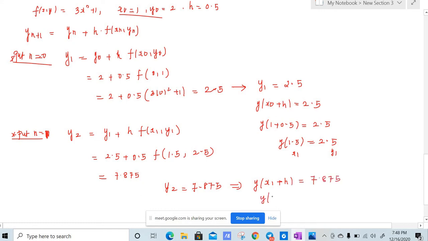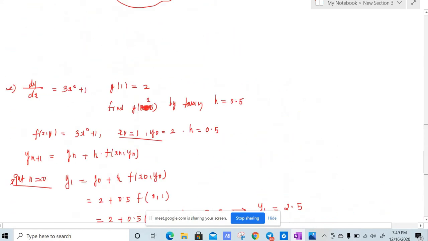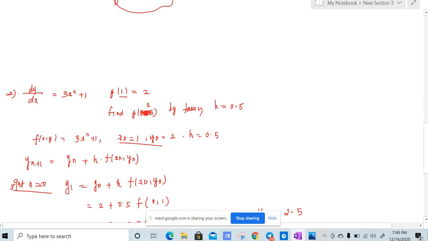What is x1? x1 is 1.5, h is 0.5, is equal to 7.875. So therefore y of 2 is equal to 7.875. That's it, right? So from 1 you need to take h is equal to 0.5. So in 2 iterations itself we will have the answer.